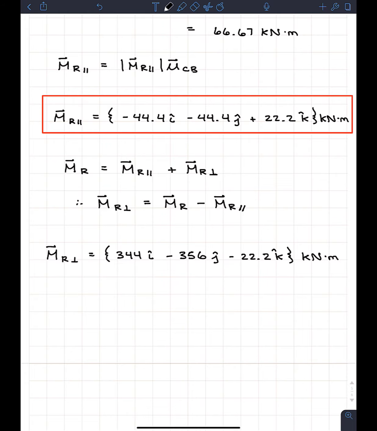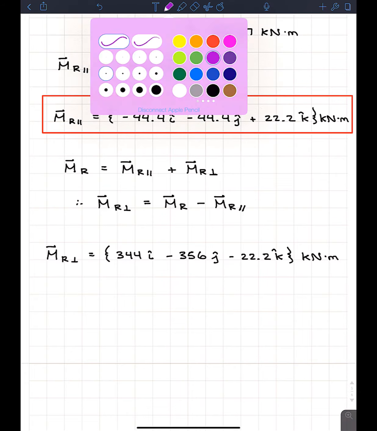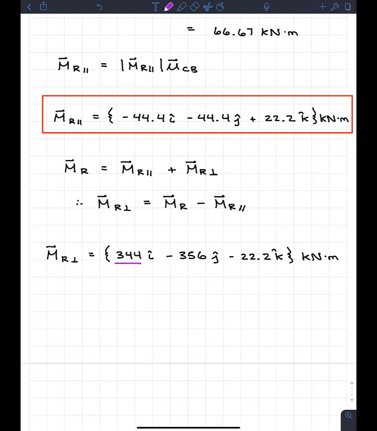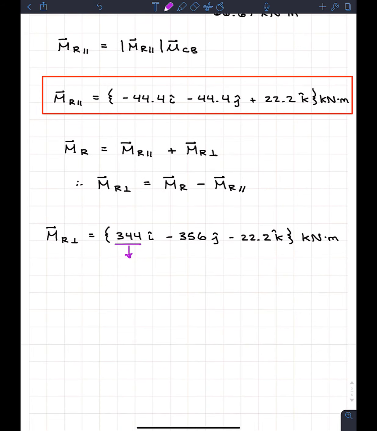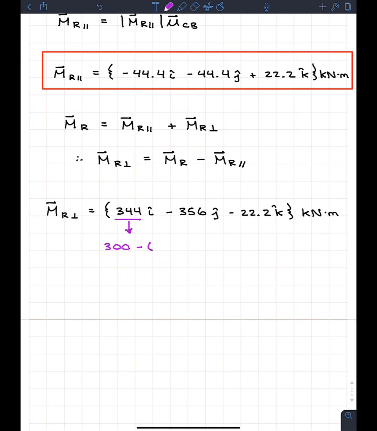And just as a quick reminder of where I get this number from, the 344 is going to be MRX, which is the 300, and then minus the MR parallel X, which is the negative 44.4. And if we do that, we get the 344I. So I'm just going to erase this real quick because remember that MR perpendicular, that's our answer.